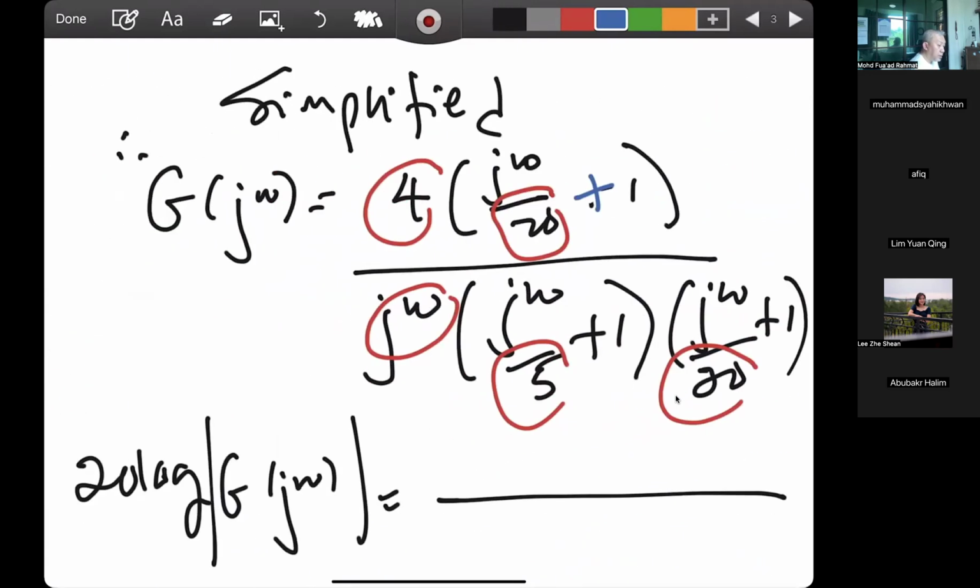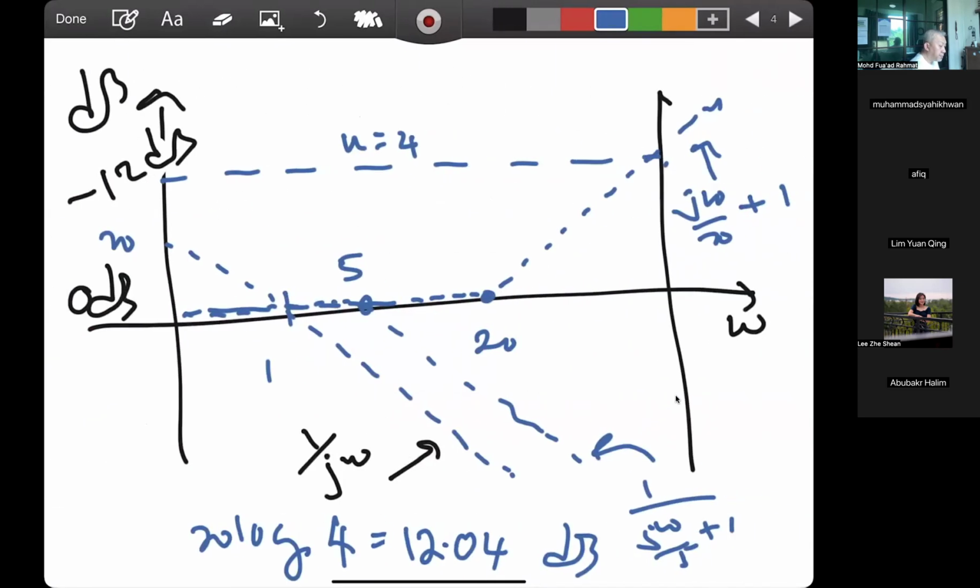And finally is 30. Okay. So I think that's enough. Okay, and then you total up everything. The 5 factors become the summation of the transfer functions.